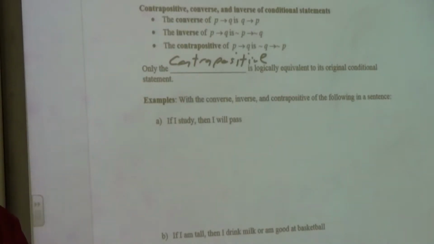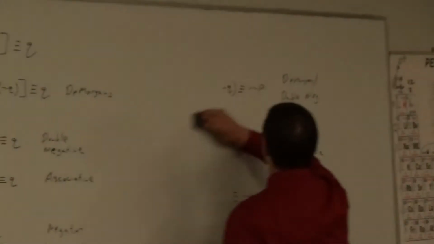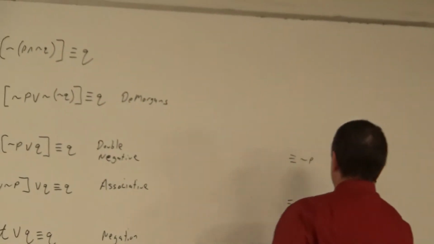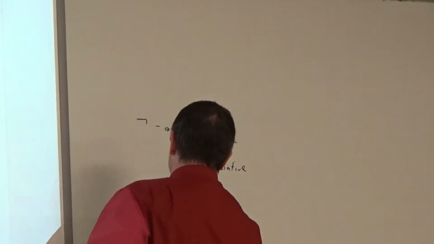Let's just do a couple examples. We're going to write the converse, inverse, and contrapositive, much easier than the Boolean algebra stuff. If I study, then I will pass. I just said that one out for you, but let's write it up. If I want the converse, I just flip the conclusion and the antecedent.